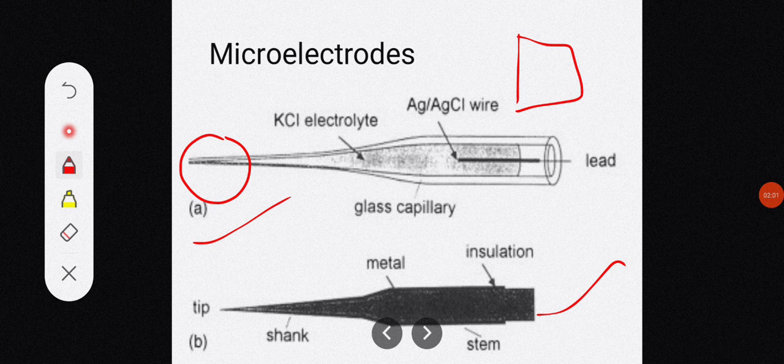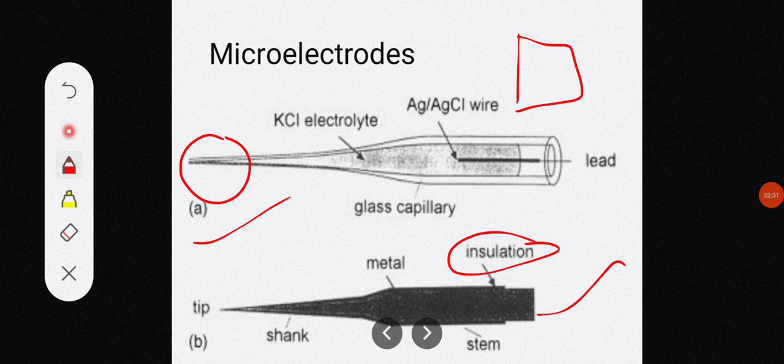Metal electrodes are formed by electrolytically etching the tip of a fine tungsten or stainless steel wire to the desired shape. The wire is then coated almost to the tip with an insulating material. Here, insulating material is used around this metal. Some electrolytic processing is also performed on the tip so that the impedance can be lowered.